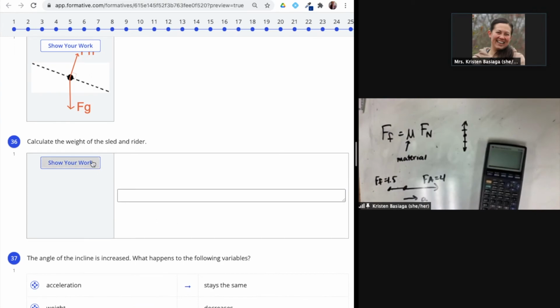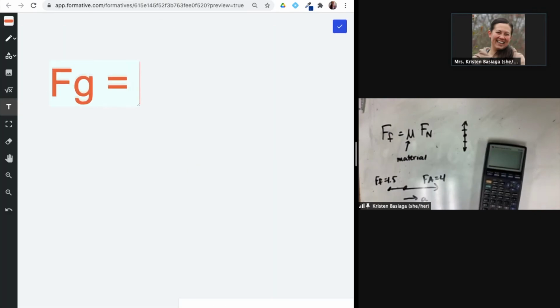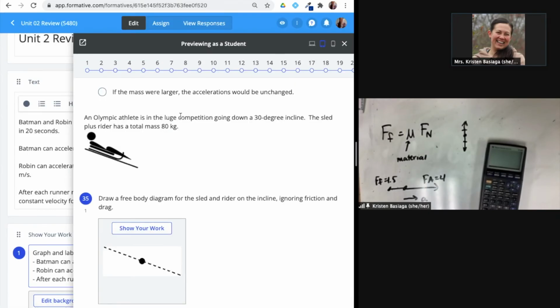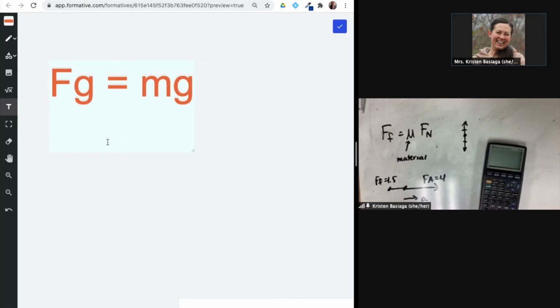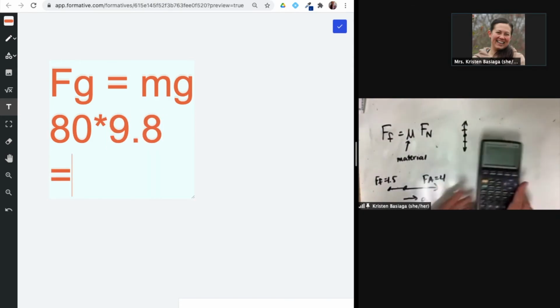Next, we have another weight question. Weight is the product of mass times the gravitational field that the object is in. So if it's an 80 kilogram competitor, I would be doing 80 times 9.8, and this gets 784 newtons.